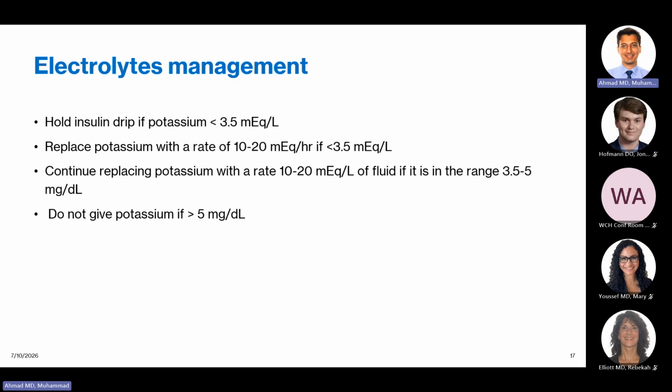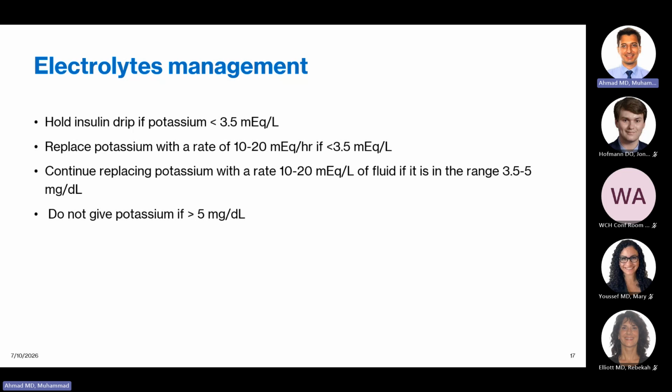So we have to hold the insulin drip because potassium is less than 3.5. It's going to go even lower if you continue the insulin drip, and that can be life threatening.